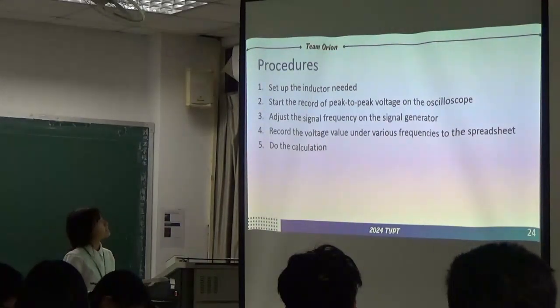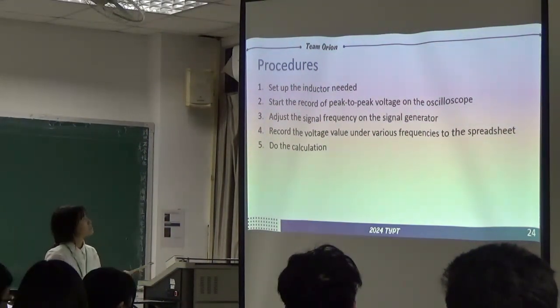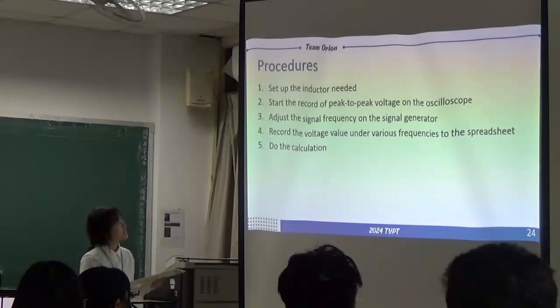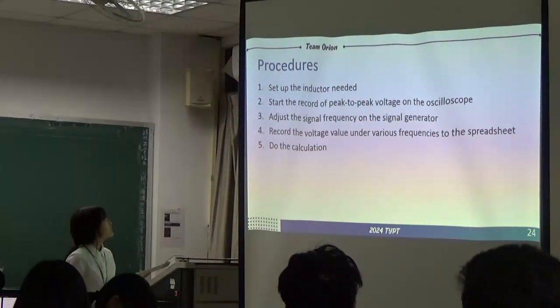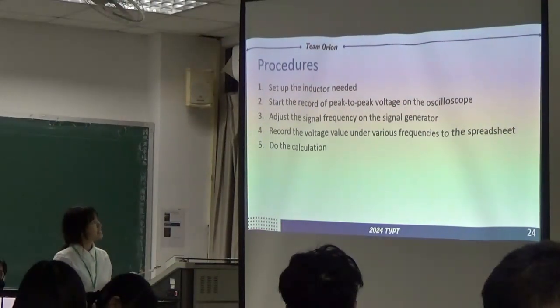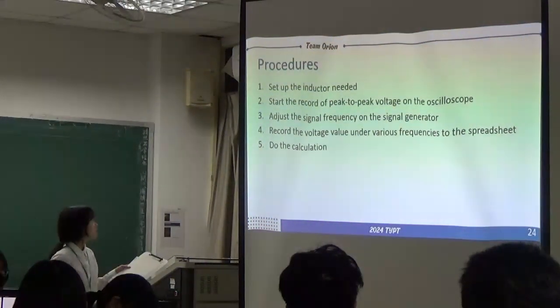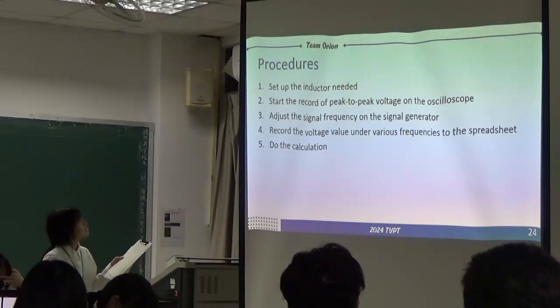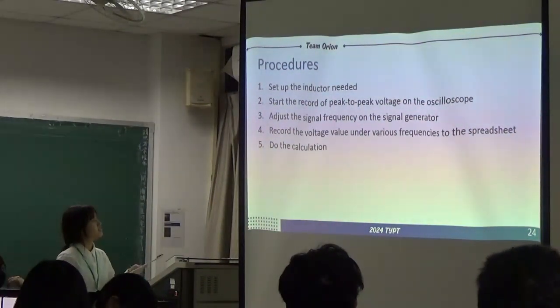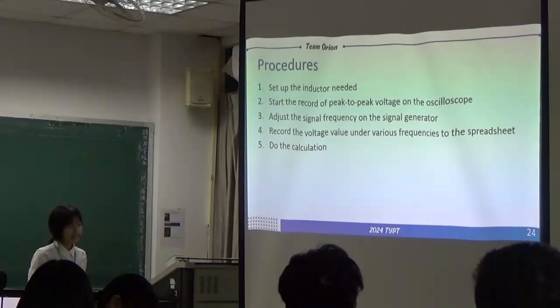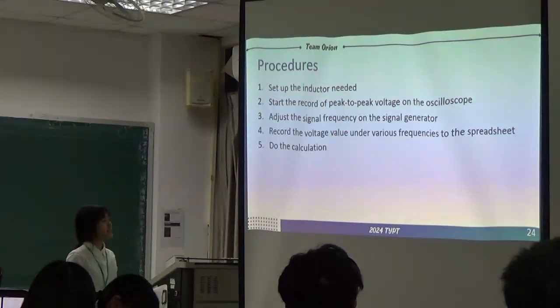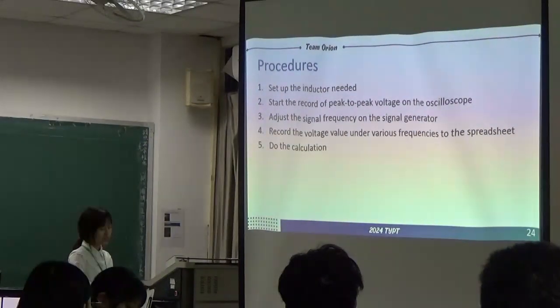Firstly, we set up the inductor needed. Second, we start recording the peak-to-peak voltage on the oscilloscope. Third, adjust the signal frequency on the signal generator. Fourth, we record the voltage value under various frequencies to the spreadsheet. Fifth, we do the calculation, using the method mentioned above.